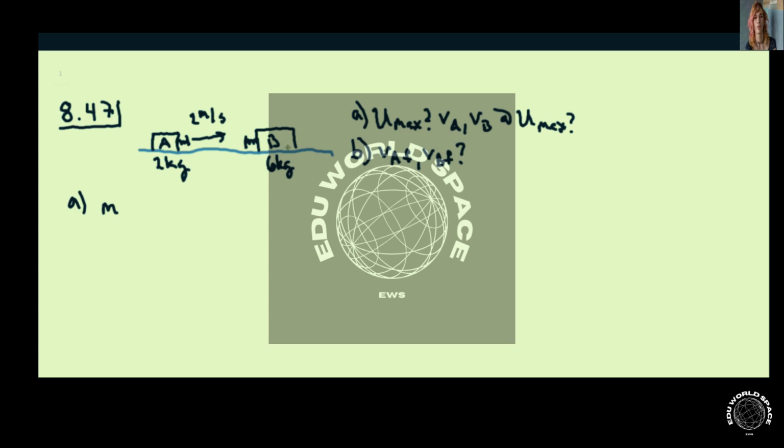So to find the speed of both of them when they're moving together with the maximum potential energy, we use the conservation of momentum. And since they're moving together at the same speed, they behave as one mass, with the total mass equal to the sum of their individual masses, and we'll just call this speed v.